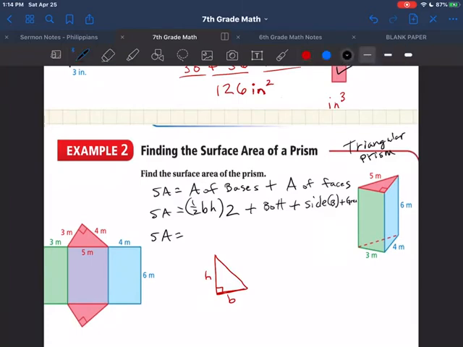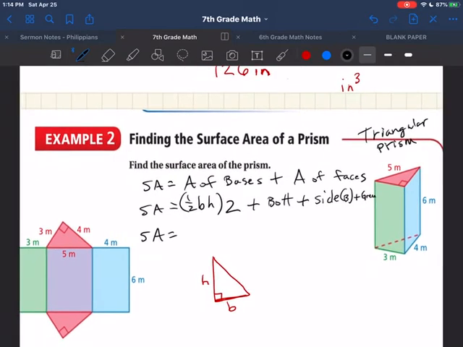Okay, so let's rewrite green. So it is the 1/2 base times height, right? So the base is 3, the height is 4. So we have 1/2 times 3 times 4, and then times 2, right? Because there's 2 of these triangles.